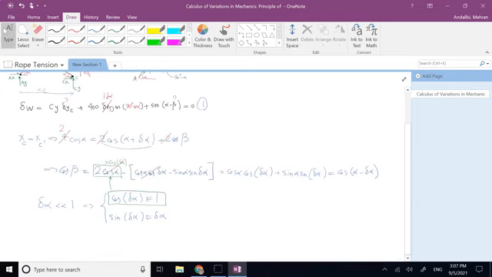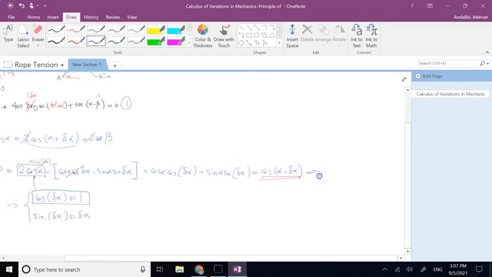So cosine of beta is equal to what? Cosine of alpha minus del alpha. Therefore, your beta can be said to be what? Alpha minus del alpha. So this is equation number 2, right?